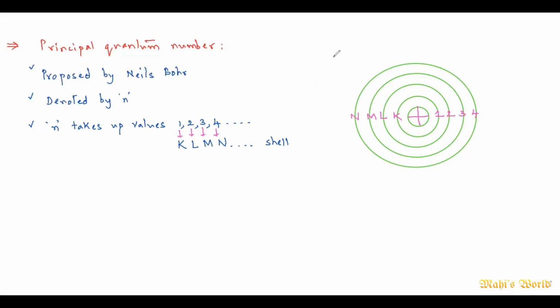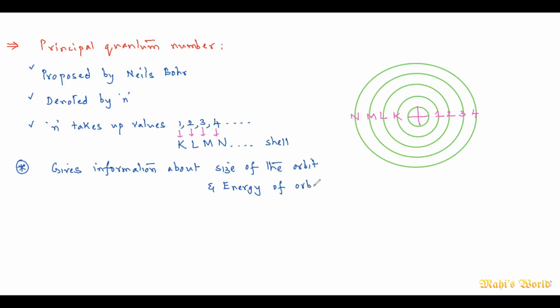Now, coming to the most important point, the principal quantum number gives information about the size of the orbit and the energy of the orbit, or you can also say the energy of the electron, because the energy of the electron is nothing but the energy of the orbit in which it is revolving.